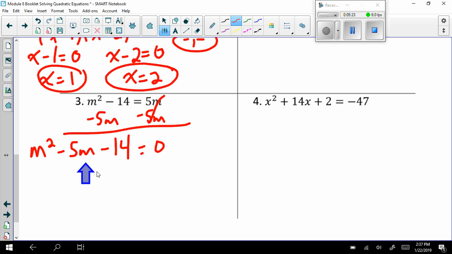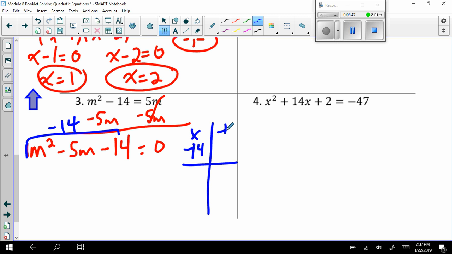So once I'm here, I can start factoring. So I am going to multiply first and last. So I'm going to do 1 times negative 14 is negative 14. I want to multiply to negative 14 and add to our middle number, which is negative 5. So negative 14, I've got 1 and 14, 2 and 7, 3 doesn't go, 4 doesn't go, 5 doesn't go, 6 doesn't go, 7 would start us over.